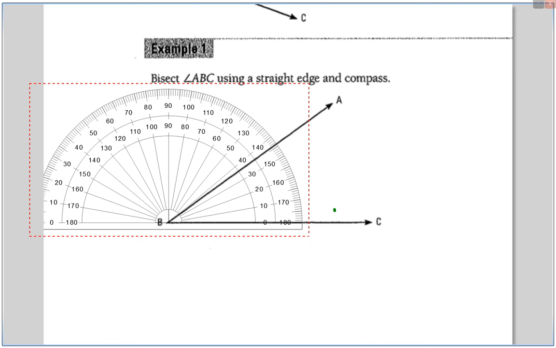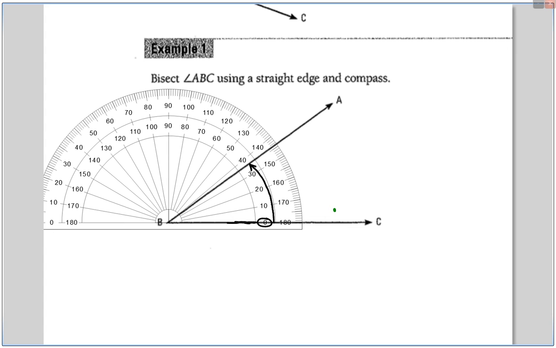I got my protractor on the vertex, got the 0 lined up on the first ray. You can see I'm starting at 0 right on the ray, counting upwards to there.